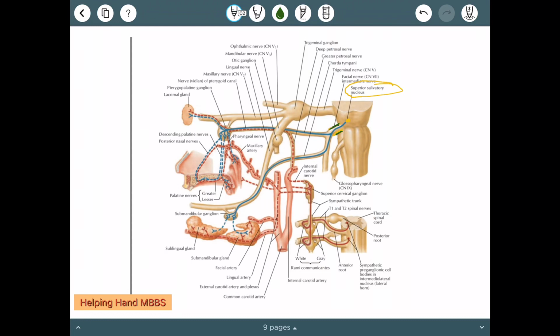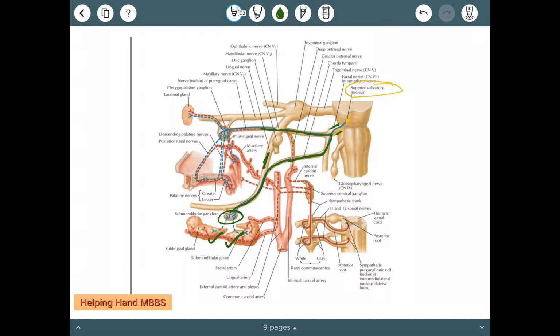It enters this facial nerve, and it gives a branch to this greater petrosal and this chorda tympani. Via chorda tympani, it joins the lingual nerve, as I have told you earlier, and supplies the two glands, sublingual and submandibular, via the submandibular ganglion. It relays in the submandibular ganglion and supplies the sublingual gland and the submandibular gland.